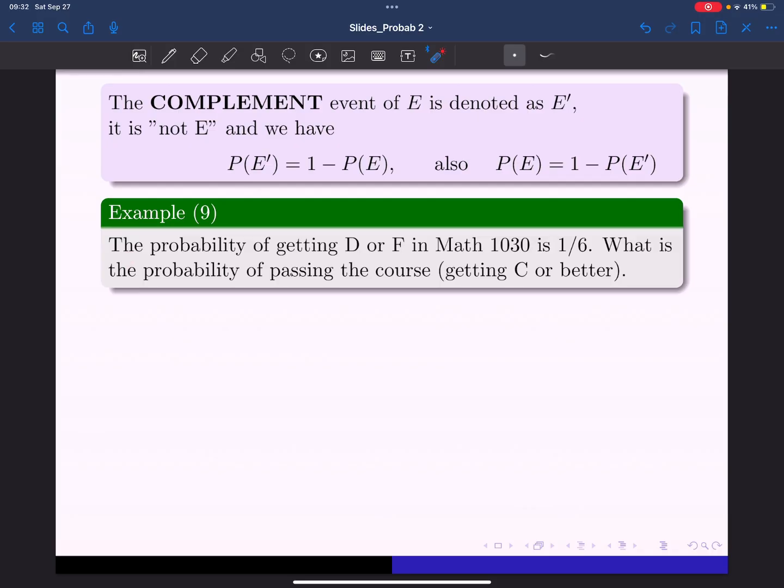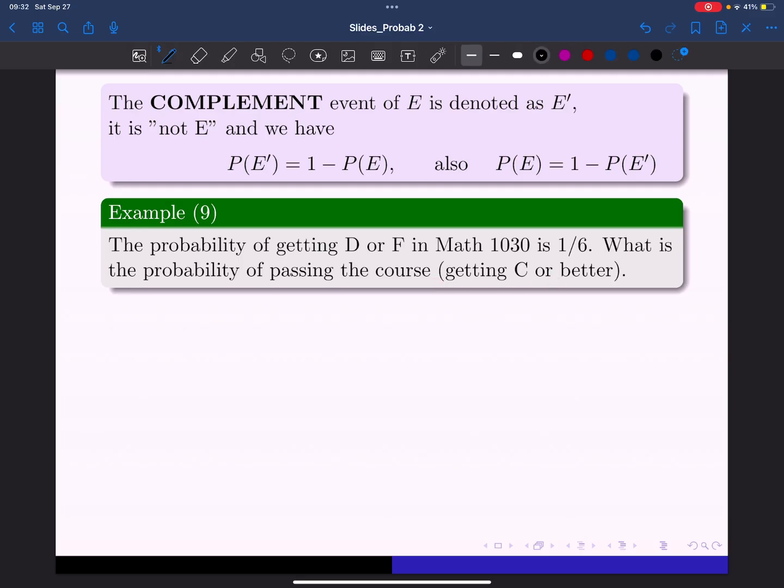So example 9: the probability of getting D or F in Math 1030 is 1/6. D or F means failing the class. What is the probability of passing the course, or getting C or better?